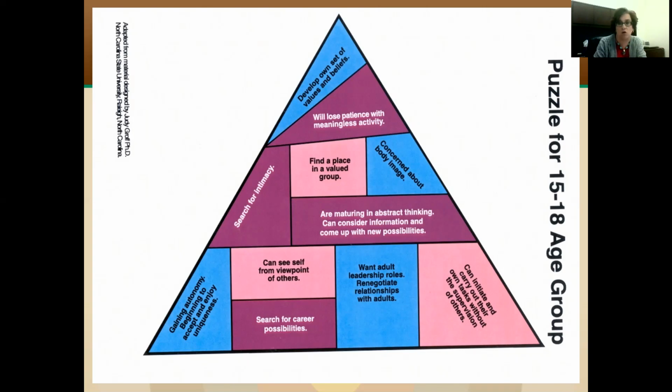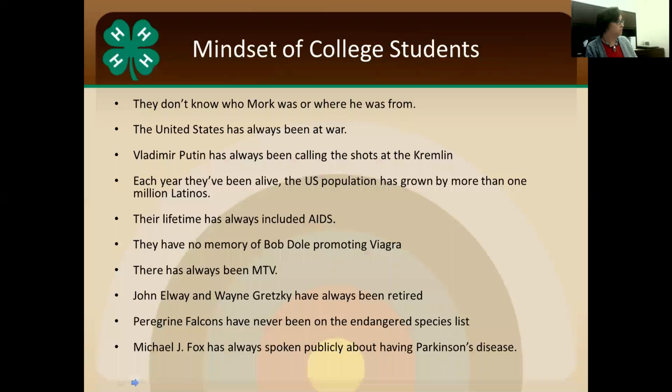They may get overextended and don't have time to complete a task, or maybe they don't know how to complete a task and they don't want to ask for help. But as an adult working with that teenager, that's where you come in and can really help improve that. They can see the viewpoint of others. I think that's important.